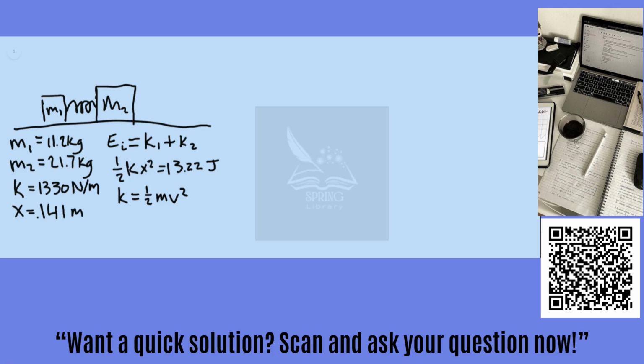Plugging this into each of these spots, the initial energy is going to be equal to half the first mass times the first velocity squared plus half the second mass times the second velocity squared. At this point, we know this value and both of the masses, but we're missing both of the velocities, and we only have one equation and two variables we're trying to solve for. So we need to find another equation.